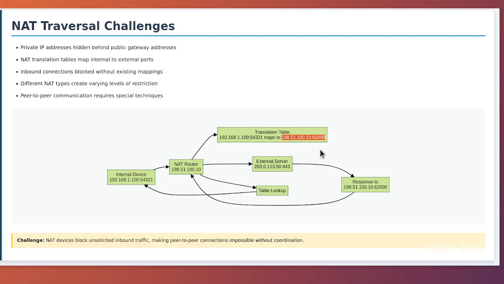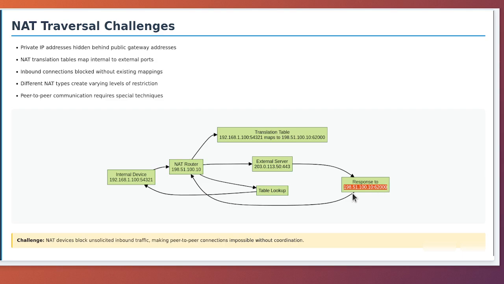The router maintains a translation table that remembers this mapping. Internal address 192.168.1.100:54321 maps to external address 198.51.100.10:62000. When the web server responds, it sends packets to 198.51.100.10, port 62000.